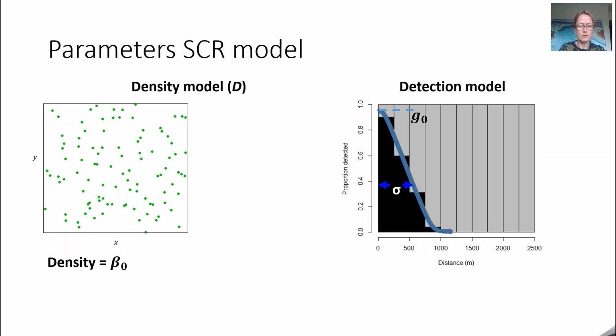So at minimum, there are three parameters to estimate for the SCR model: beta 0, g0, and sigma.